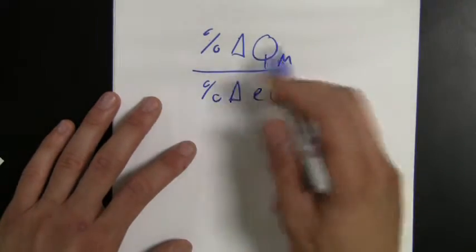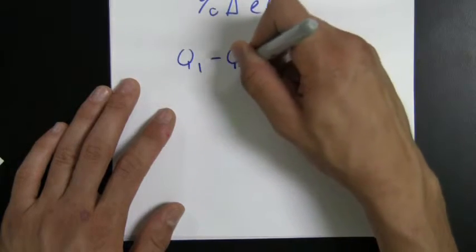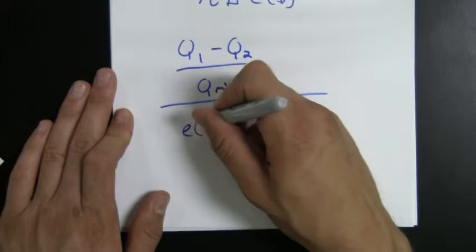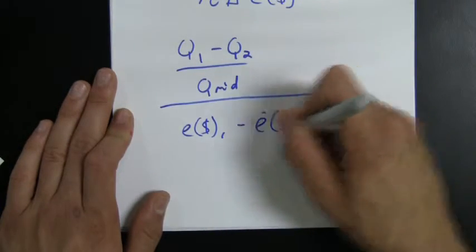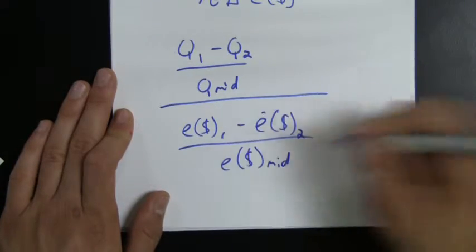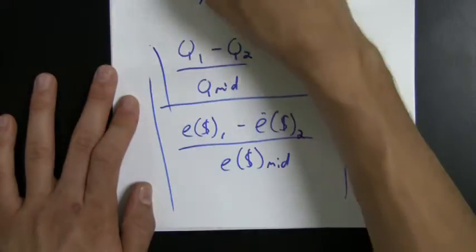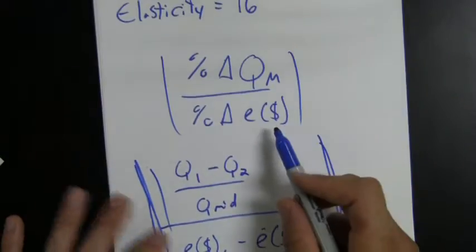Now note we still need to do midpoints, so it's more like Q1 minus Q2 over Q mid, all divided by exchange rate 1 minus exchange rate 2, all over the midpoint between the two exchange rates. That's how you solve, absolute value. Do not forget those absolute values. That's how it's solved. That's the equation.